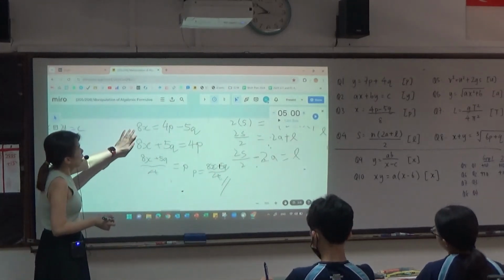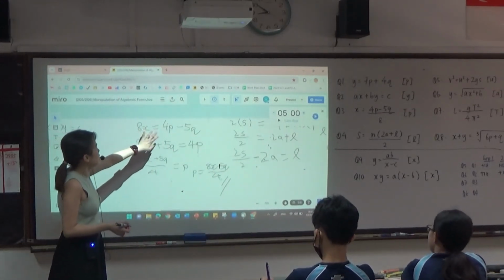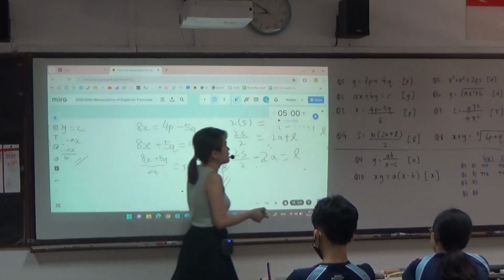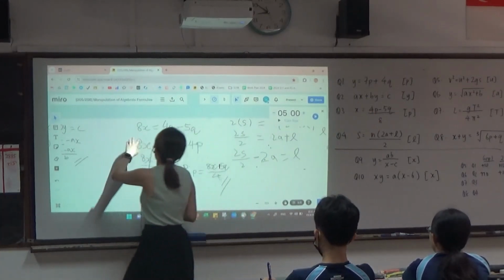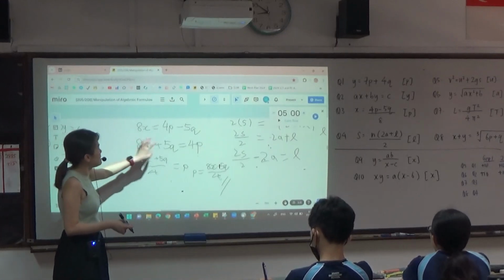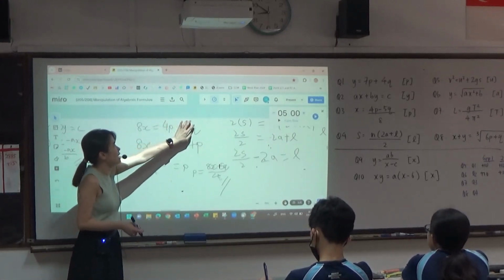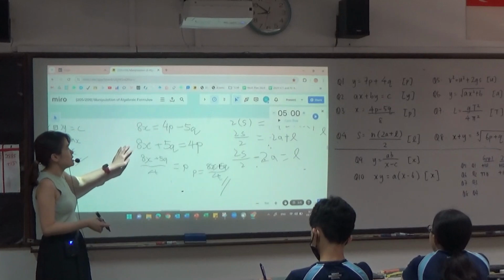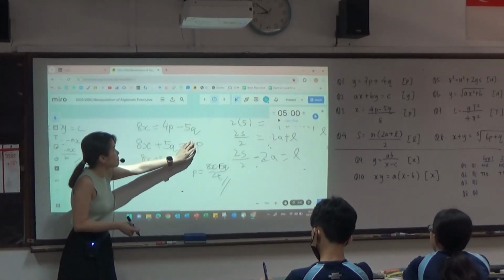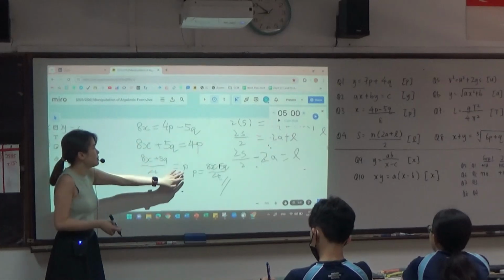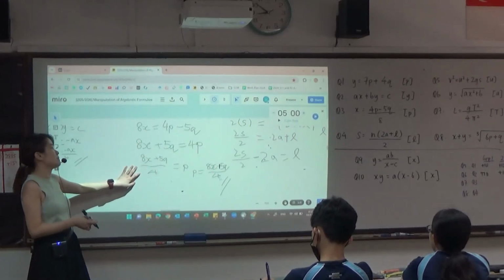Having 8x equals 4p minus 5q is because you multiplied the 8 over to the left first. Then, requiring p to be the subject, leave p behind and bring 5q over. So we get 8x plus 5q equals 4p. Then we divide by 4 over to the left hand side.